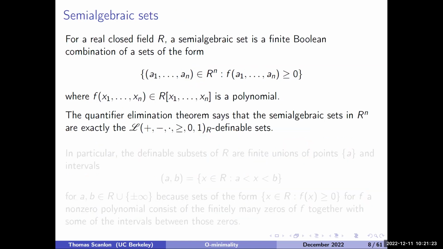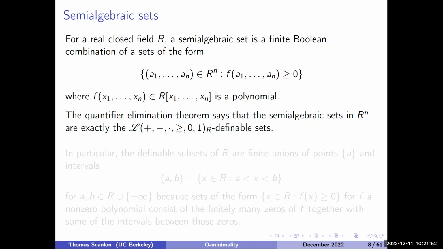Okay, so what quantifier elimination says, from the geometric language, is that the definable sets, that is, the solution sets to formulas, are semi-algebraic sets. And a semi-algebraic set is just a set which is defined by the vanishing or the positivity of a polynomial, and then taking Boolean combinations.